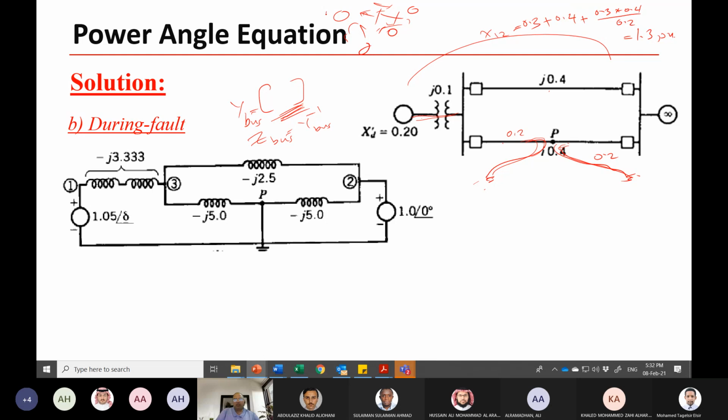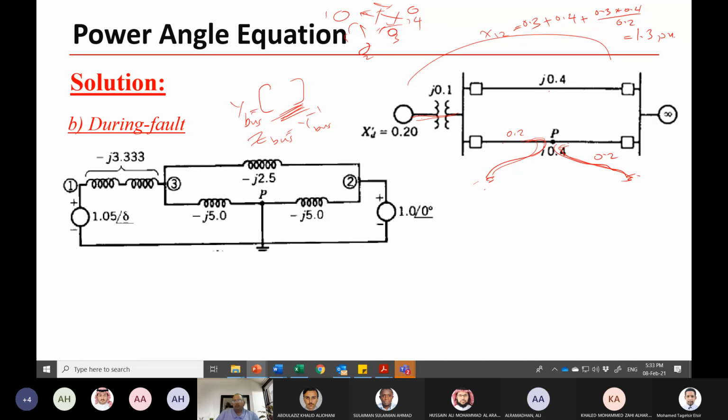If we have 4 generators, 1, 2, 3, 4, we will do Kron reduction as you studied in 520. By Kron reduction, you eliminate all buses except those of the generators. In this case, you can find what is X12, X13, X14, and so on.